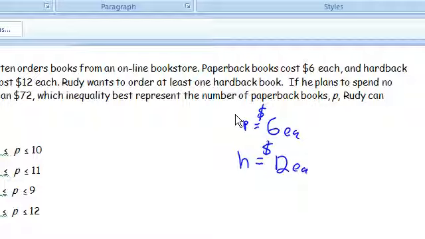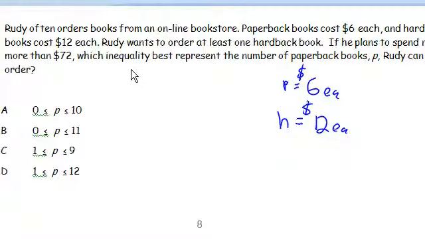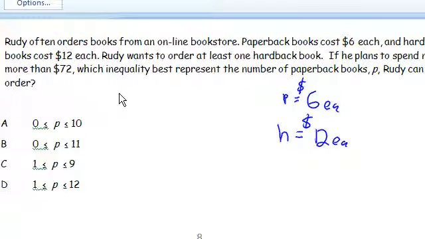He wants to order at least one hardback book. Okay, so he's going to be spending at least $12. If he plans to spend no more than $72, then $72 needs to be greater than or equal to the amount he spends.